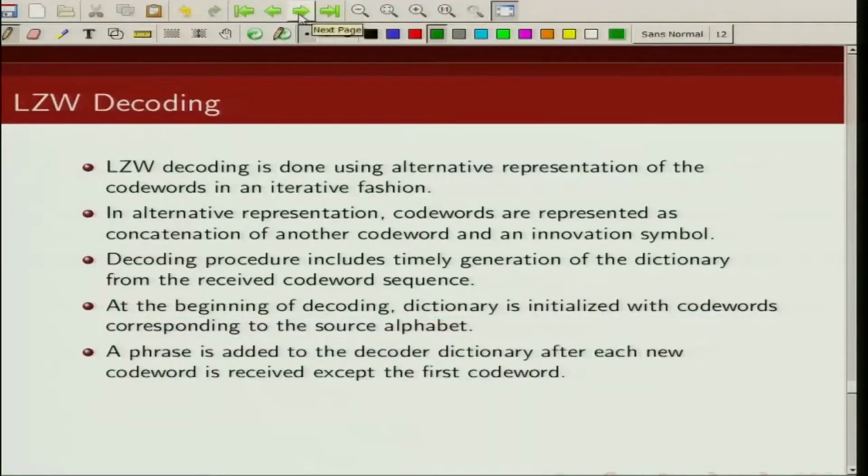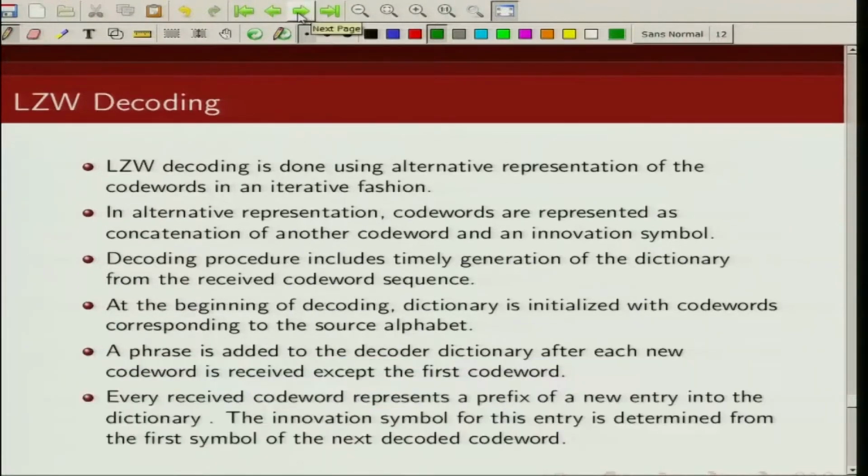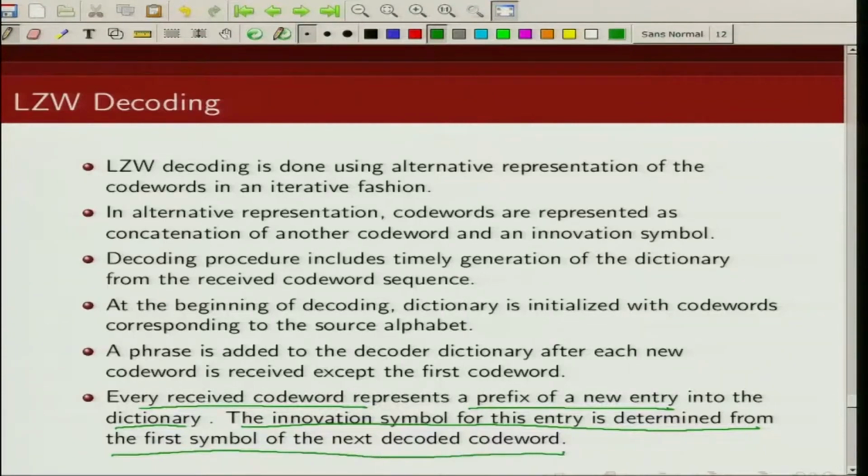In this example, a phrase is added to the decoder dictionary after each new code word is received except the first code word. You will see that we add new phrases into the dictionary after we decode the sequences, and every received code word represents a prefix of a new entry into the dictionary. The innovation symbol for this entry is determined from the first symbol of the next decoded code word.